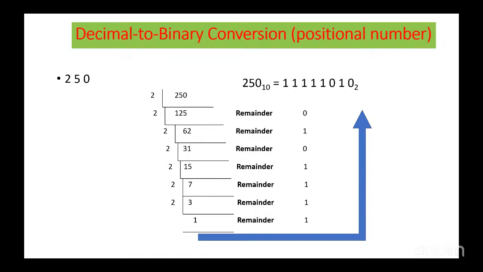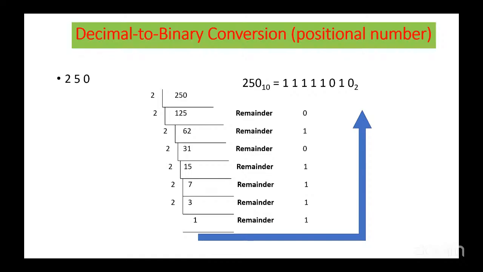Then 125 divided by 2 is 62, remainder 1. Again divide with 2, 31, remainder 0. Divide with 2, 15, remainder 1. 2 15s are 30, remainder 1. Next, 2 7s are 14, remainder 1. 2 3s are 6, remainder 1. 2 1s are 2, remainder 1.